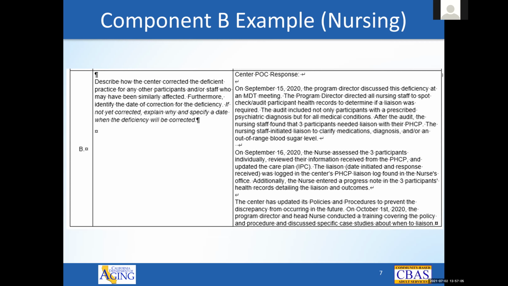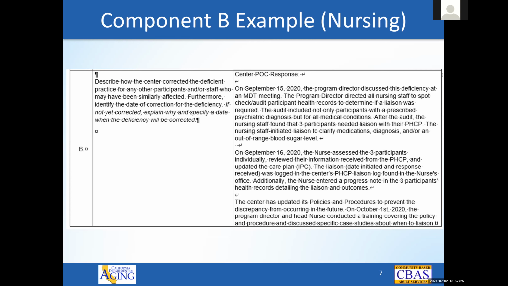On September 16th, the nurse assessed the 3 participants individually, reviewed the information received from the primary healthcare physician, and updated the care plan accordingly. The liaison was logged in the center's primary healthcare physician liaison log found in the nurse's office.